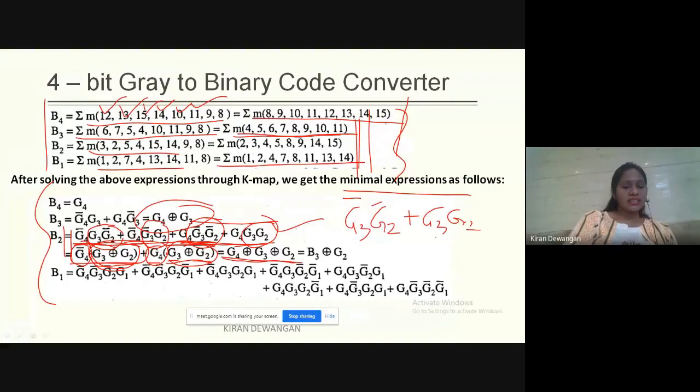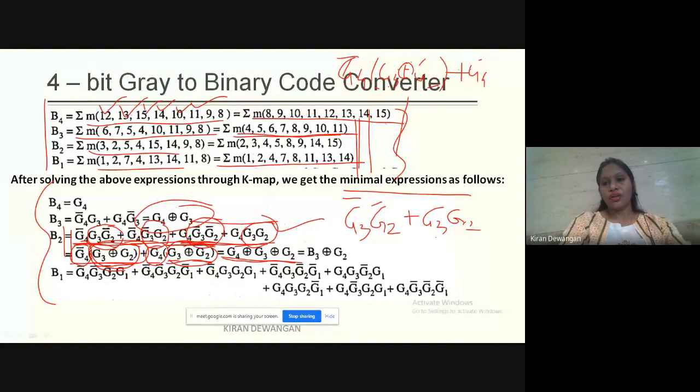That means G4 is our first term and G3 XOR G2 is our second term. So basically G3 XOR G2 is taken as one term, and G4 is taken as another term. So here again it is forming G4 bar times the bracket G3 XOR G2, plus G4 times the bracket G3 XOR G2 complete bar. So here also the XOR concept is applied: G4 bar first term, G3 XOR G2 second term, plus G4 into G3 XOR G2 bar.